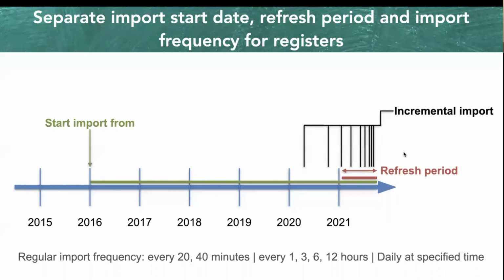Only then is incremental import available for those two registers. That's the situation, and some customers have done this already. But if you haven't done it, then you will have to use the refresh period, meaning that you can specify how many days, what length of period, you would like to re-import.